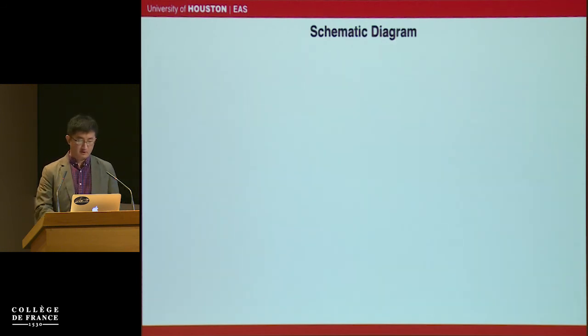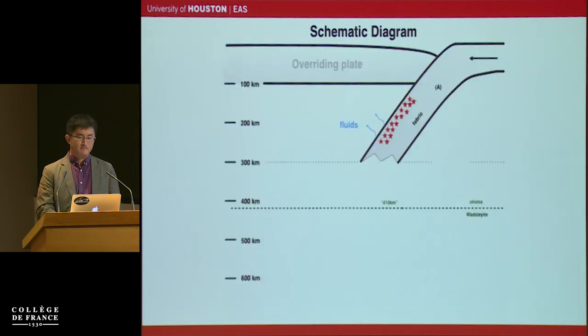So I'm going to give you a schematic diagram here. Based on studying more than 1,000 deep earthquake radiation patterns, and we tested this hypothesis against another hypothesis, it doesn't mean all earthquakes are rupturing along a single fault plane.